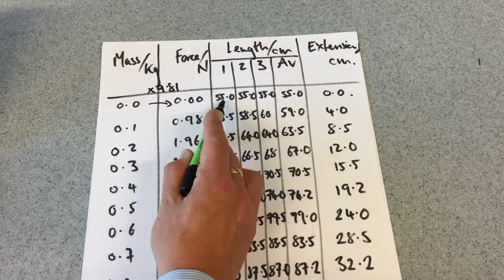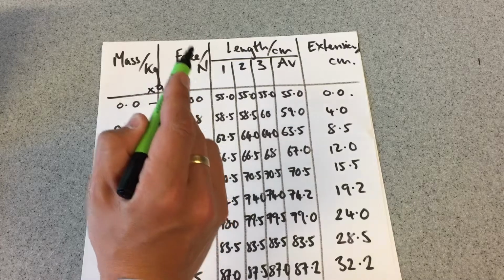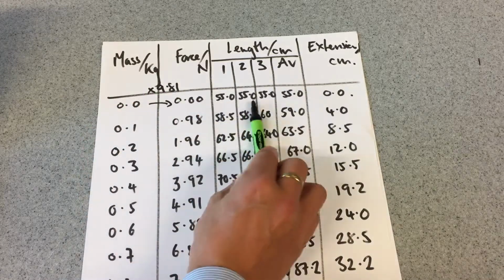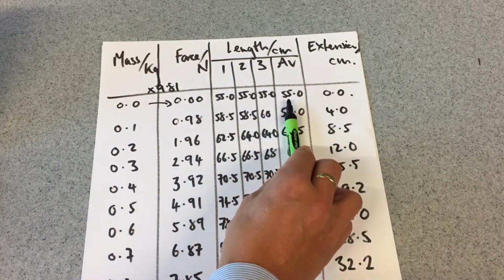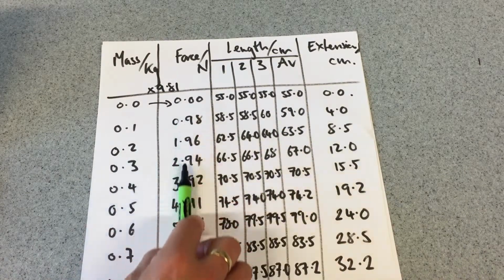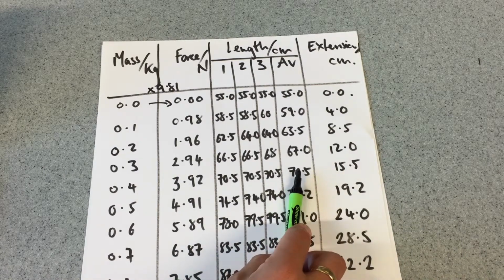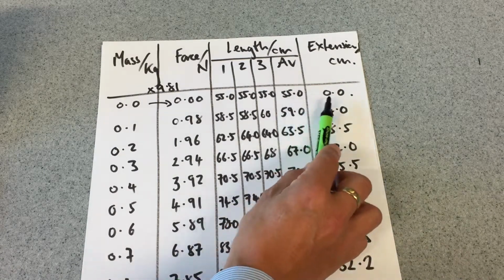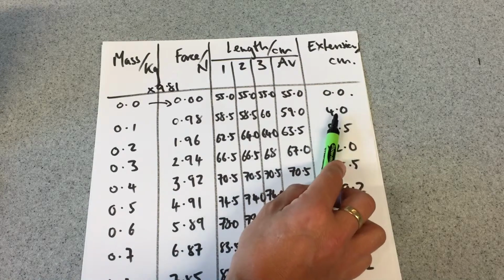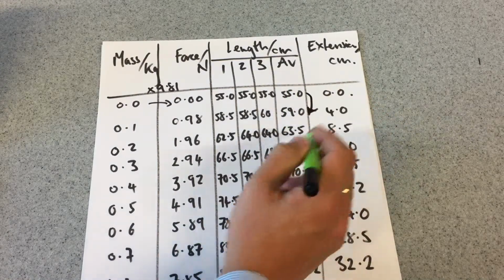And then we looked at the length, the absolute length of what you measured from the meter ruler, 3 times plus an average. And you can see that this is getting longer and longer as more and more force or weight is applied. But these are the absolute values, but what we're looking for is the extension. So how we achieve this is, this extension is the difference between there and there.